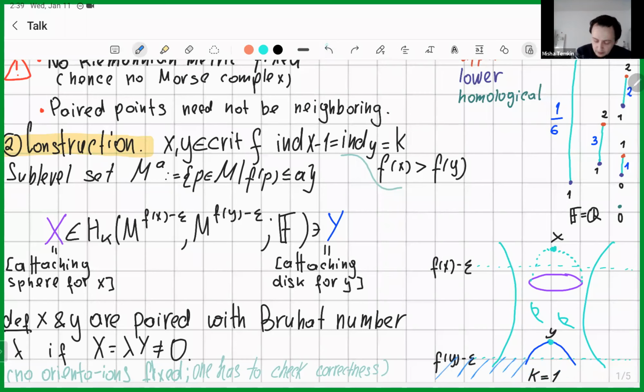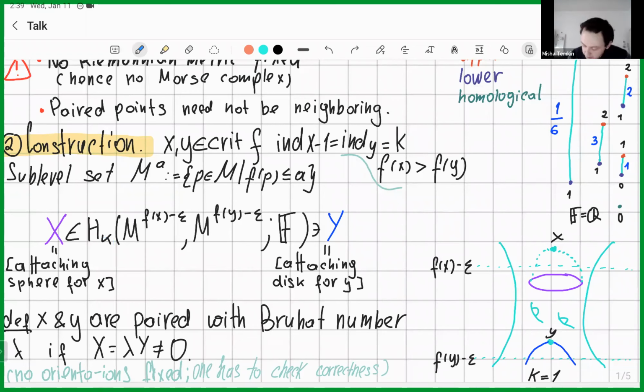I want to consider this pair of topological spaces, and then its relative homology with coefficients in F and in degree k, where this k is exactly the k from before. This is a finite dimensional vector space over F, and in this vector space I want to consider two vectors.